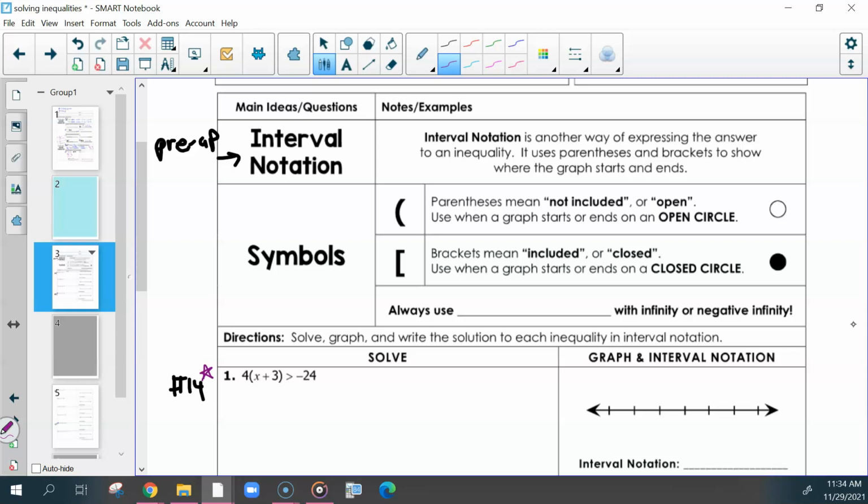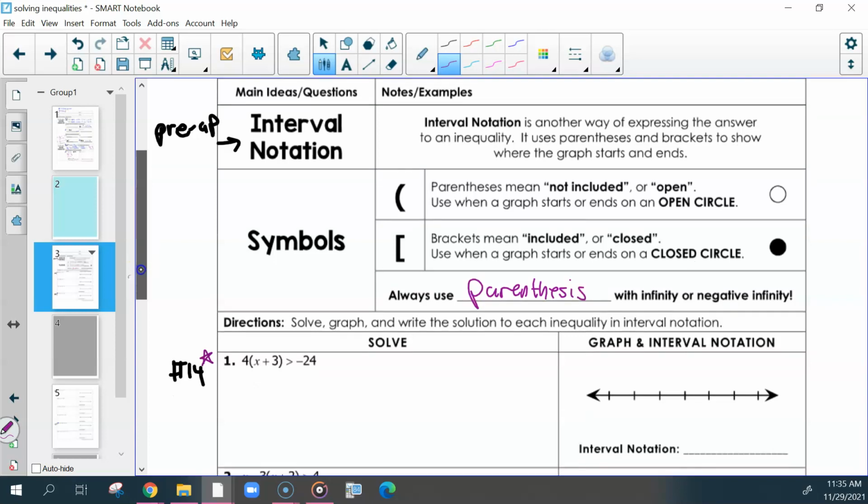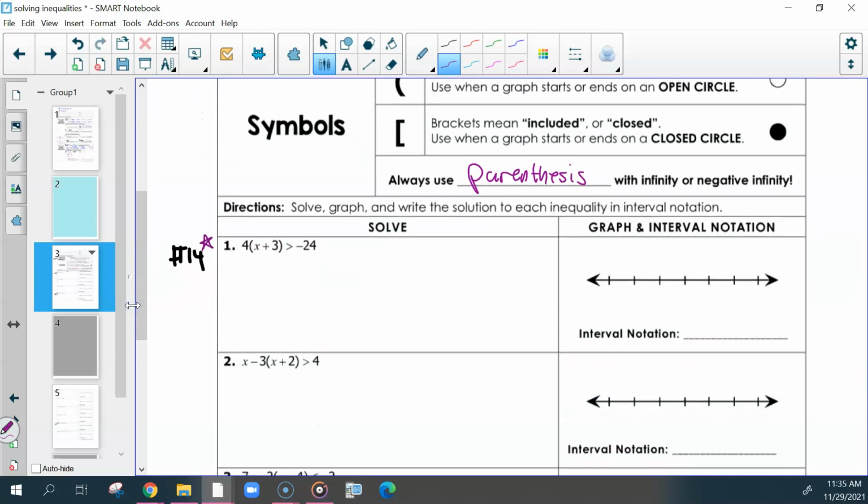But when we go to positive or negative infinity, no matter which one that is, we always use parentheses. We're going to do a few examples where we're now using this interval notation. Basically what we were writing before was set builder notation, the x is greater than 2 or whatever.